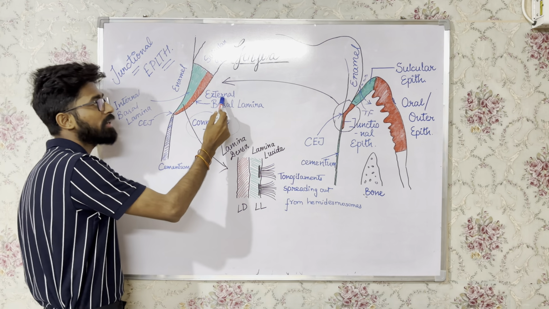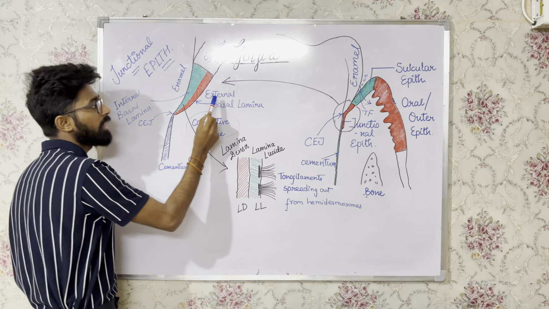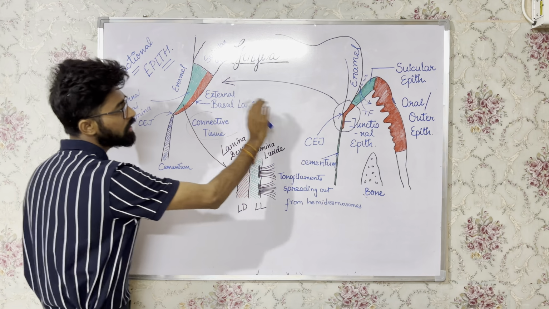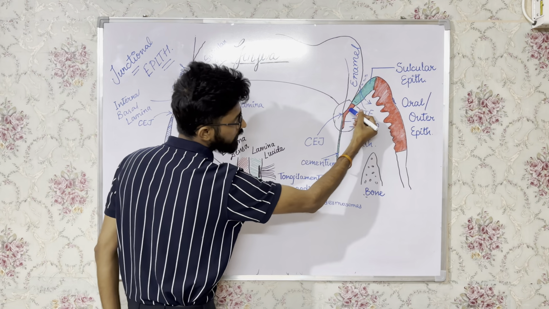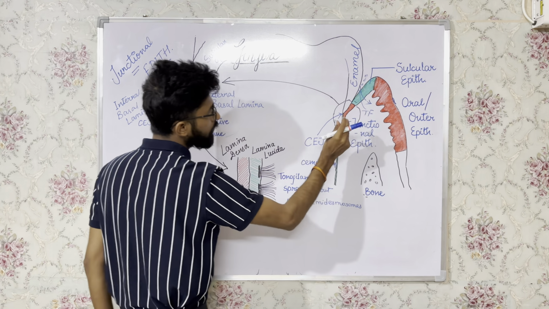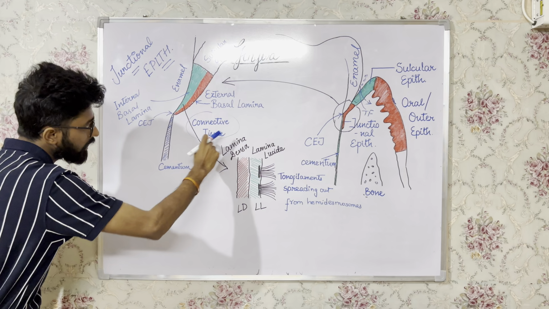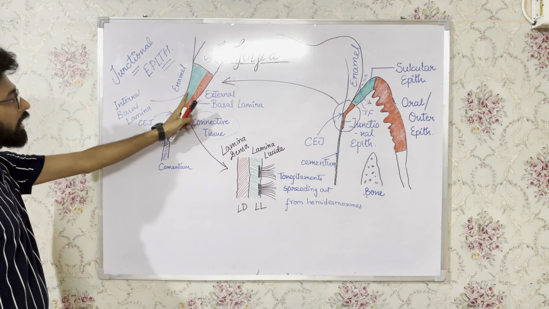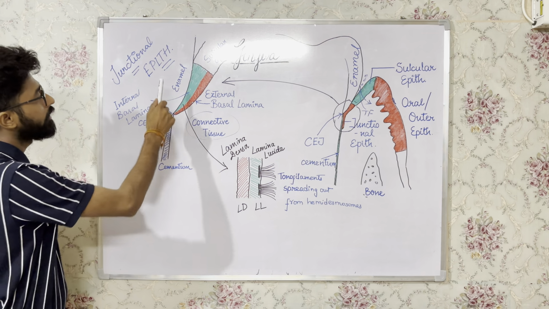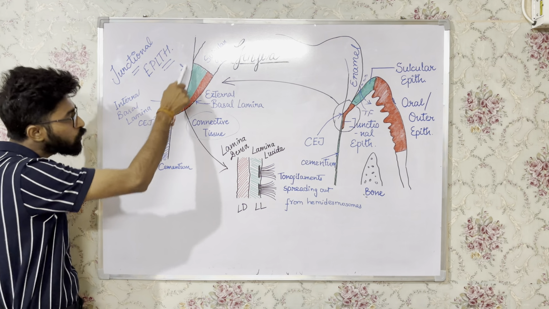Now it is clear why it is external, while it is internal. This is the tooth, this is the outside. The external basal lamina faces the gingival connective tissue, and on the inside is the internal basal lamina. Internal basal lamina faces the enamel or the tooth surface.